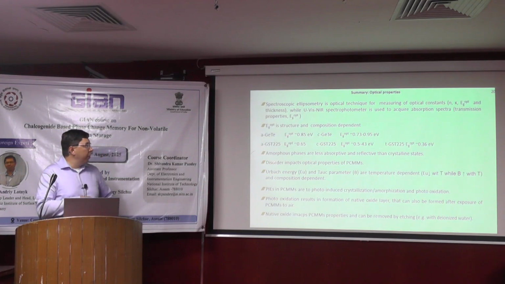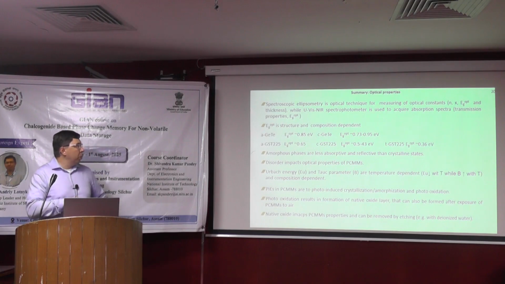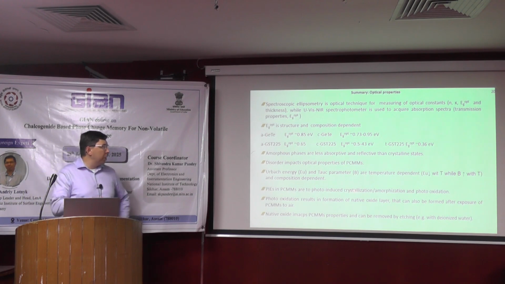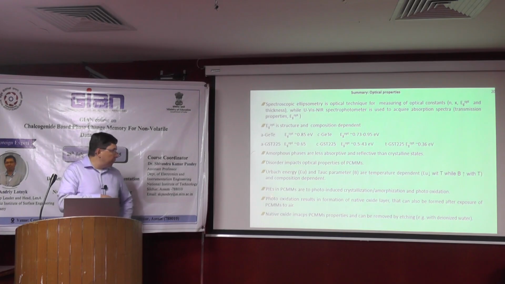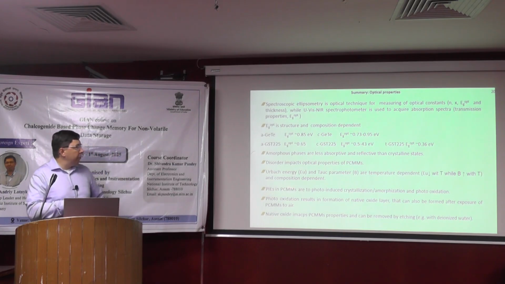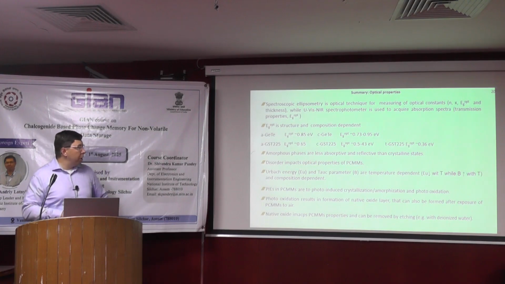Also, we saw that disorder impacts optical properties of phase change and memory materials. We also found that Urbach energy and Tauc parameter are temperature dependent and composition dependent. We also saw some photo-induced effects in phase change materials: photo-induced crystallization, amorphization, and photooxidation.